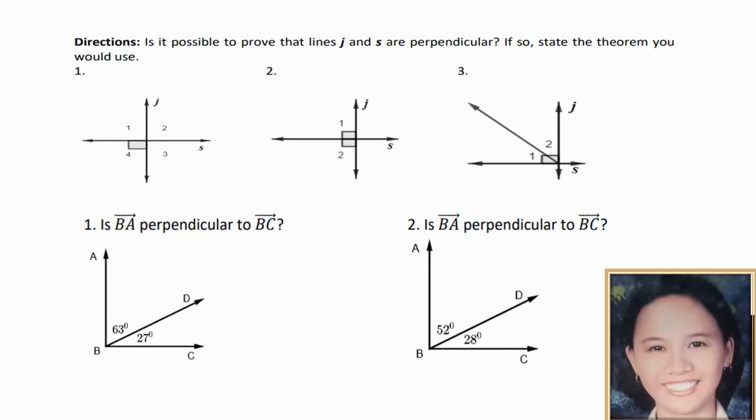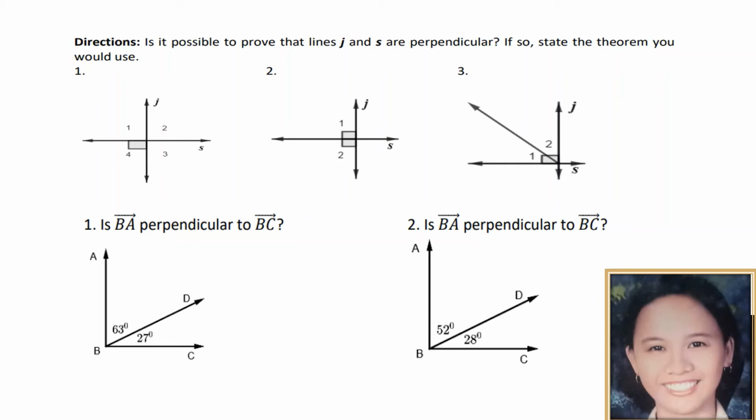So we can say that lines J and S are perpendicular by theorem number 1 presented a while ago. Number 2, angle 1 and angle 2 form a linear pair and both of them are right angles. Therefore, lines J and S are perpendicular by theorem number 2 presented a while ago.